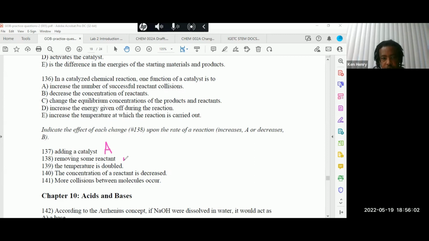Okay. Temperature doubled. Increase. That's right. Concentration of the reactants decreased. Decrease. More collisions between the molecules occurring. Increase.